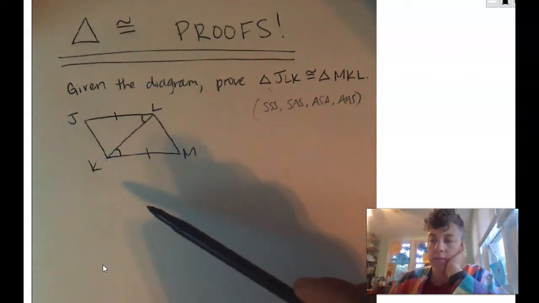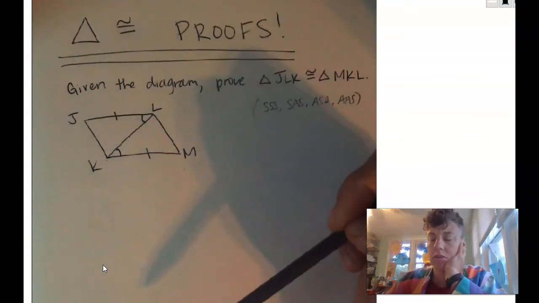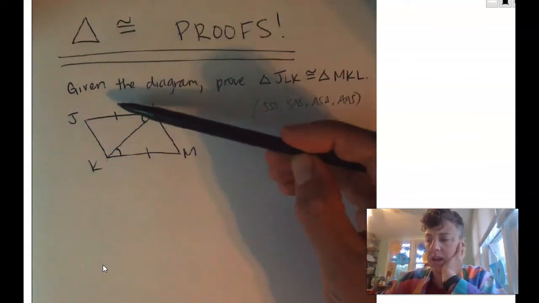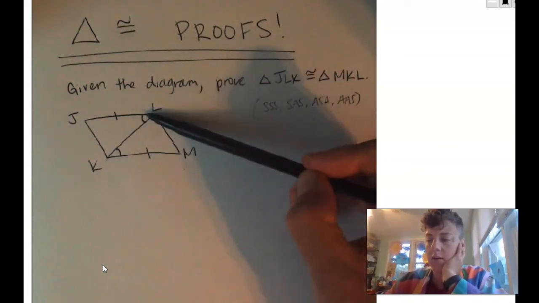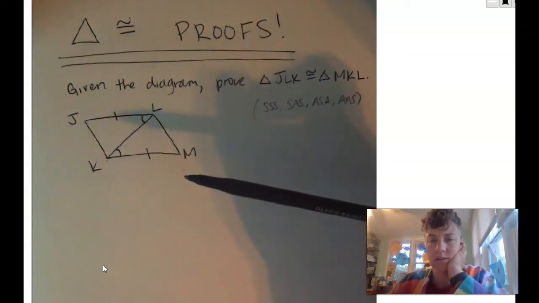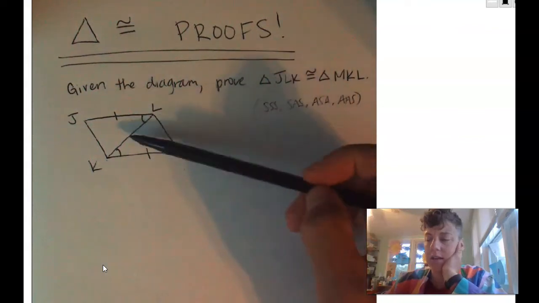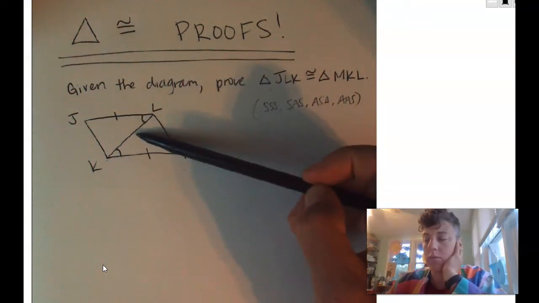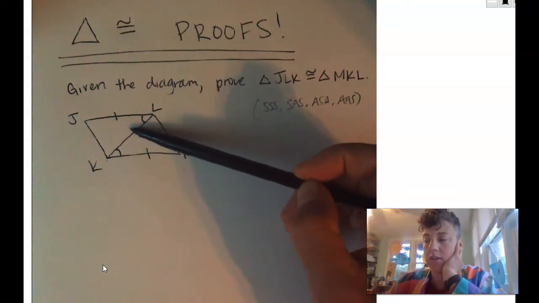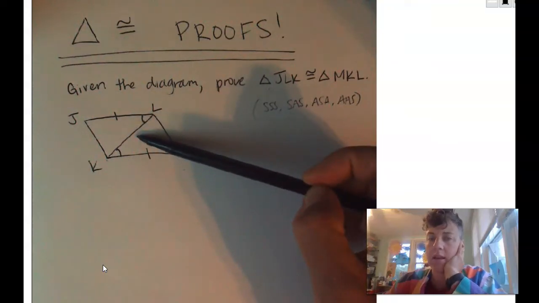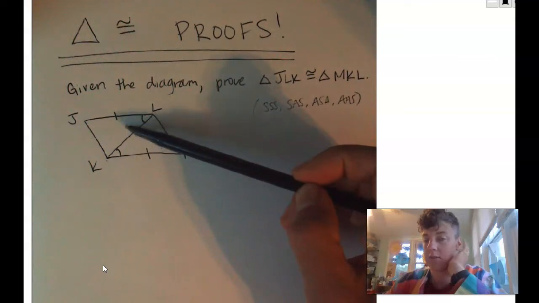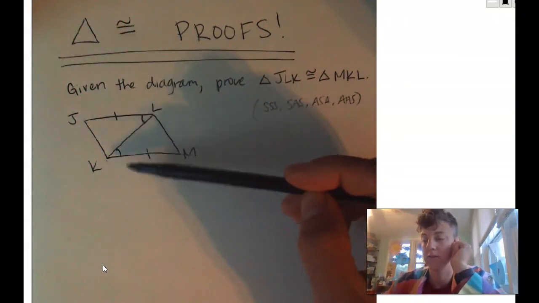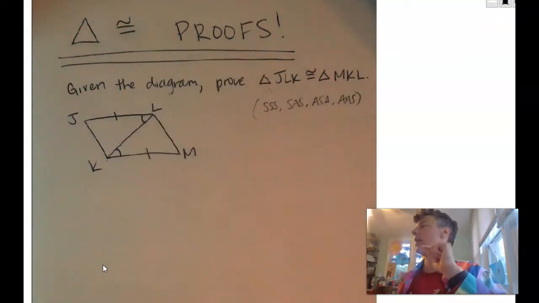So, let's look at our picture. So far, we have a pair of sides that are congruent. We have a pair of angles that are congruent. And we see that we have a shared side as well. Shared side will be marked. I'm not marking it yet, so we can write this out fully together. Maybe I'll mark it in pencil.